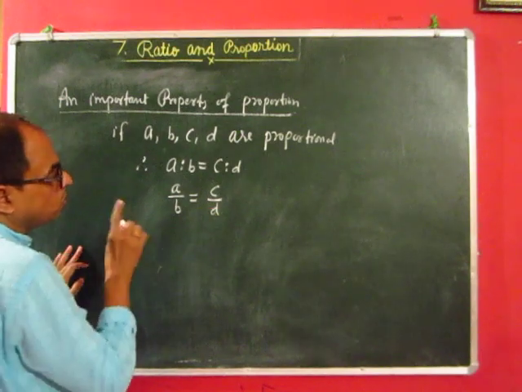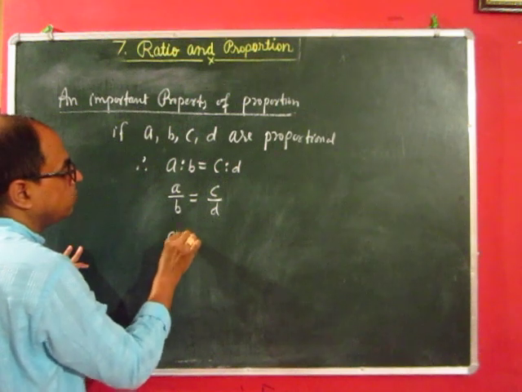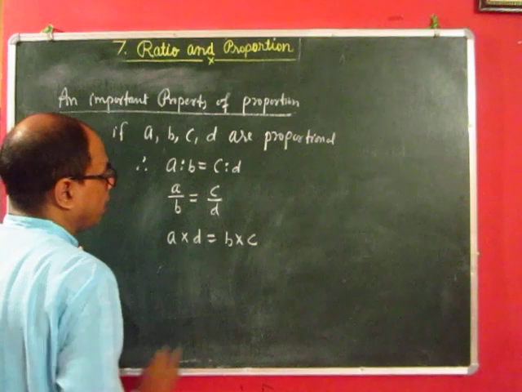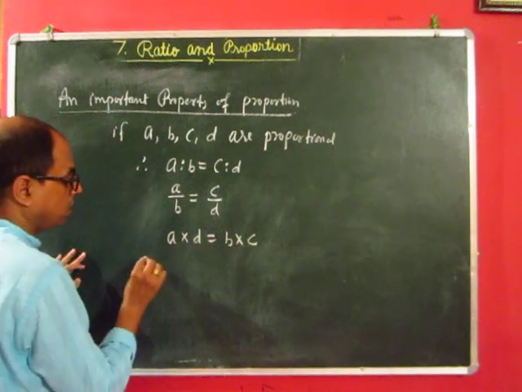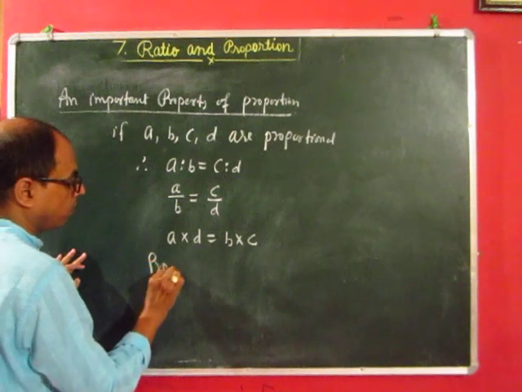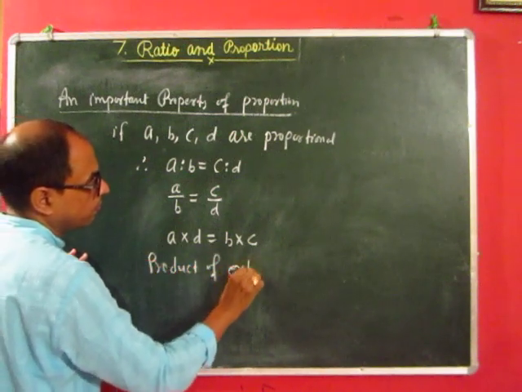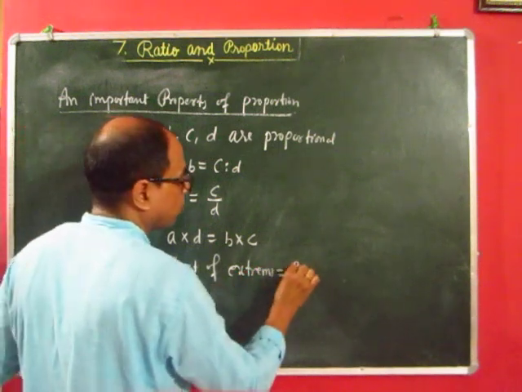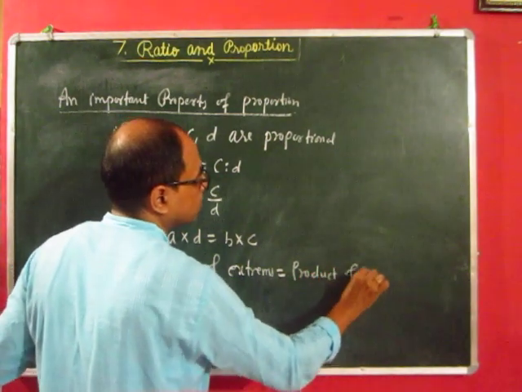Clear? So it can be written as A into D is equal to B into C, and A and D are extremes and B and C are means. So you can say product of extremes is equal to product of means.